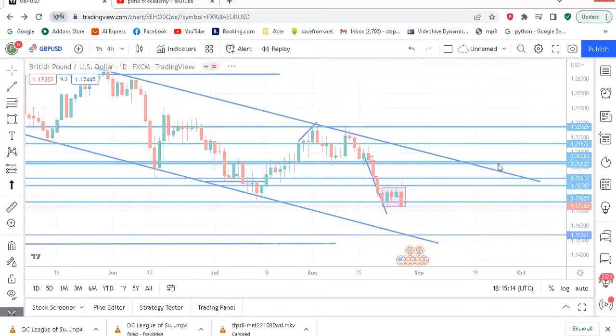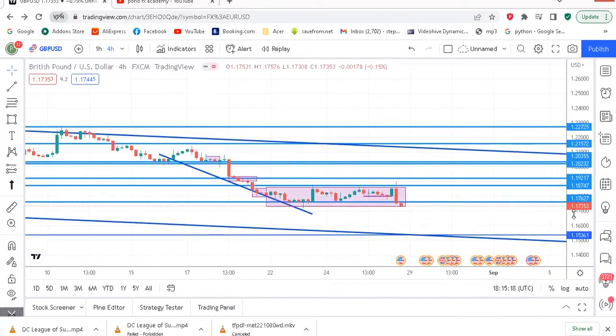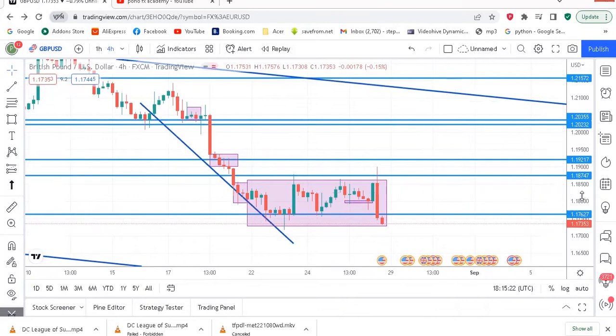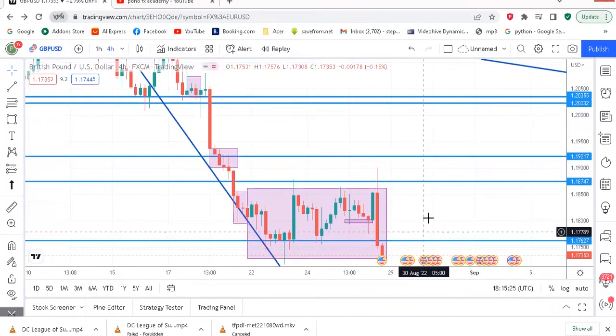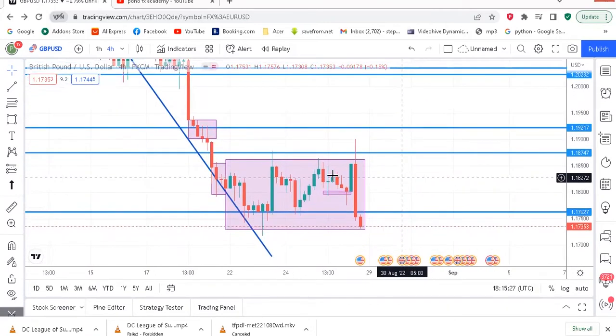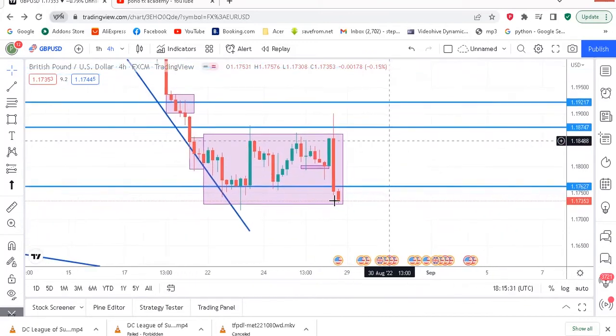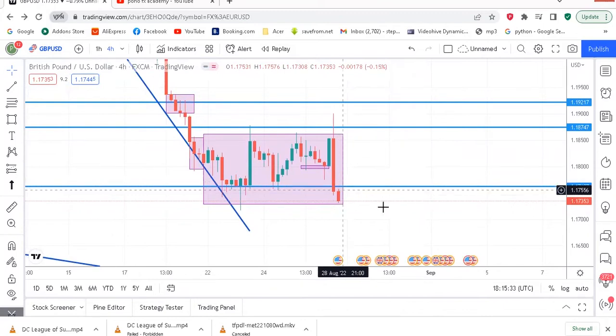So let's start with 4 hours. In 4 hours, very nicely highlighted, you can already see how our consolidation is highlighted. It becomes much clearer that it already broke below here.